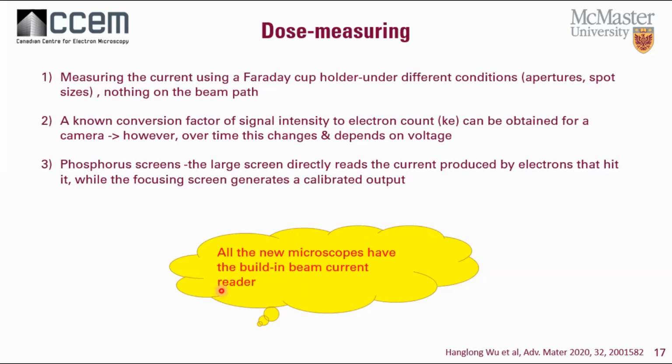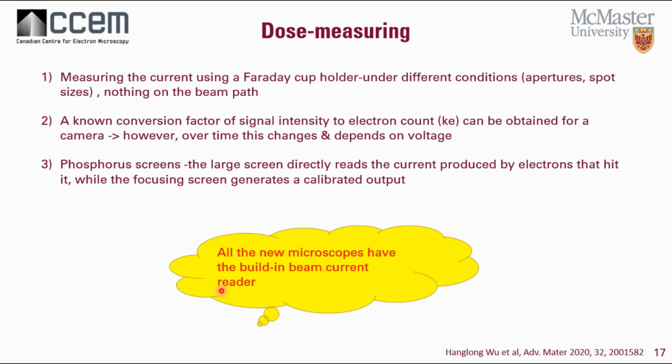The second way is to use a known conversion factor of signal intensity to electron count, which can be obtained for the camera. Usually this is done if you have a yield system in your microscope, like with the drift tube. And this sometimes is changing in time and also depends on the voltage of the microscope.